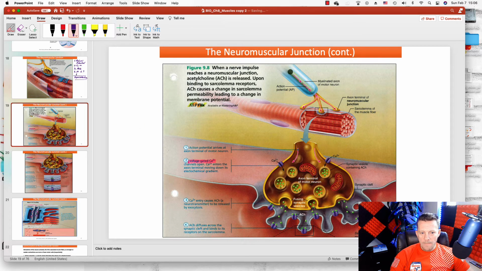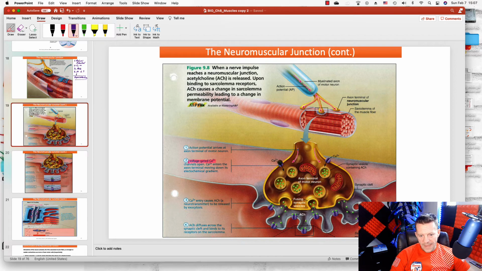So when nerve impulses reach, or the action potential reaches neuromuscular junction, acetylcholine, the neurotransmitter, is released. So acetylcholine, this neurotransmitter, sits inside of these vesicles and waits. So when action potential arrives into neuromuscular junction, voltage gated calcium channels open.